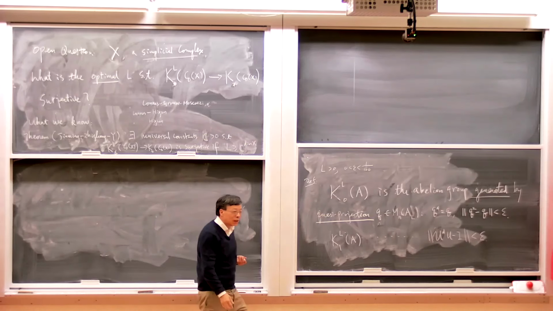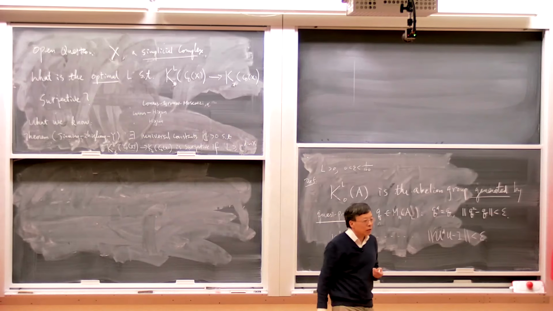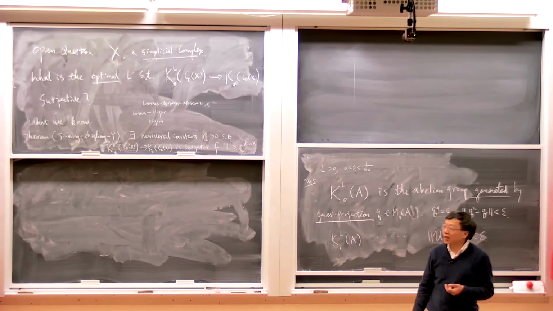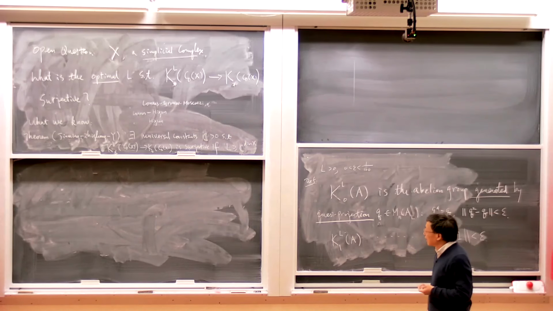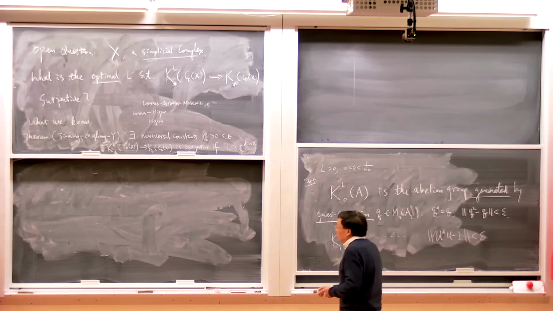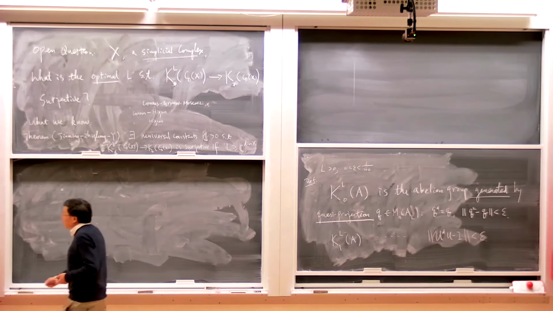Sorry. Which projection? Bott projection, yeah. The thing is that you have one concrete projection, right? But it could be represented in many different ways. So for example, even this, right?